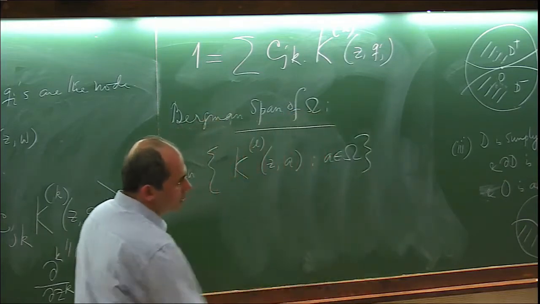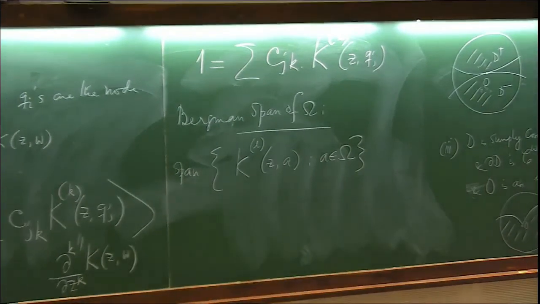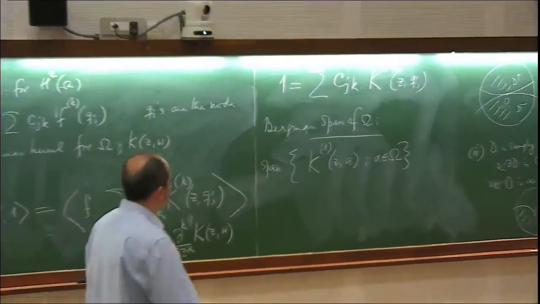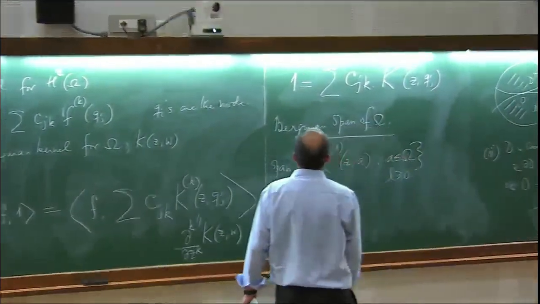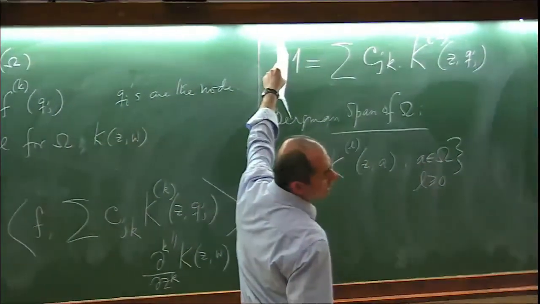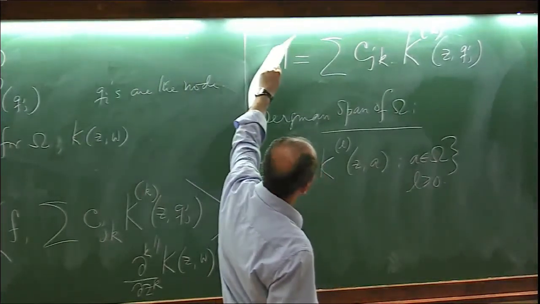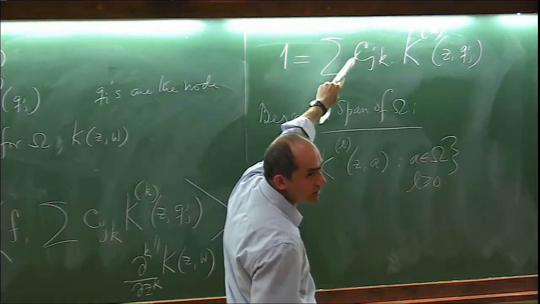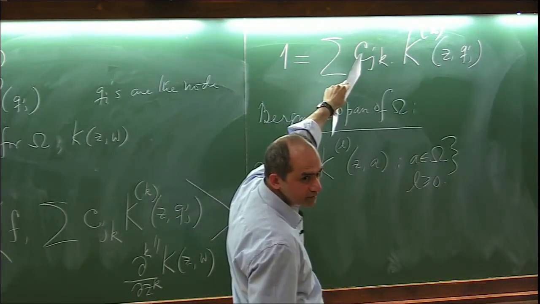So fix the conjugate holomorphic variable, allow the first one to vary and take powers, take combinations of these. This is the Bergman span. So this is telling you that if you are a quadrature domain, then the constant function 1 is in the Bergman span, actually belongs to it.